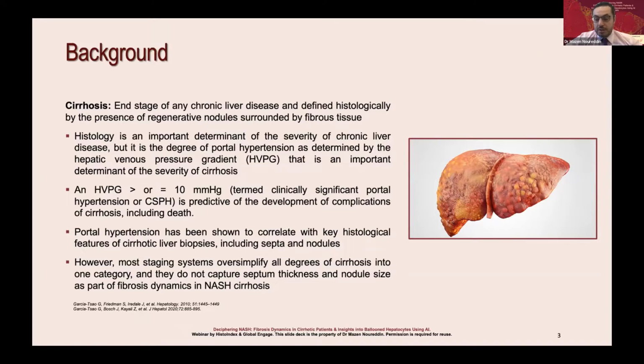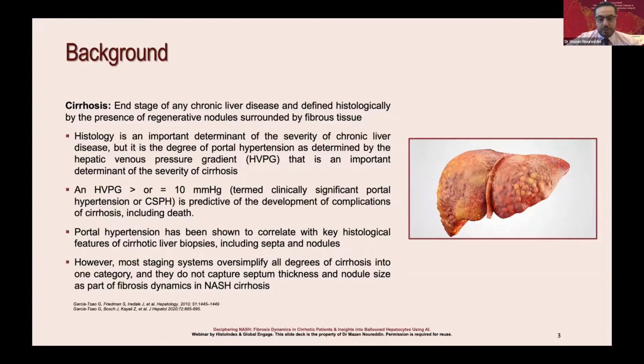In addition, we know that what bridges between portal tracts and connects them eventually to get cirrhosis are septa, and those septa vary among patients and vary in the same patient along the cirrhosis process.